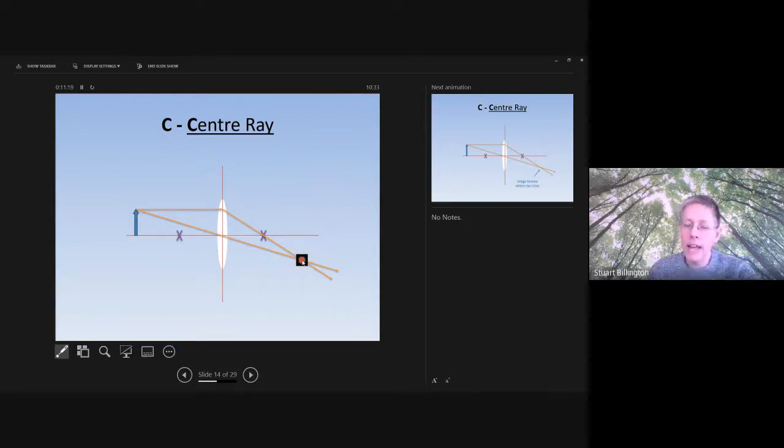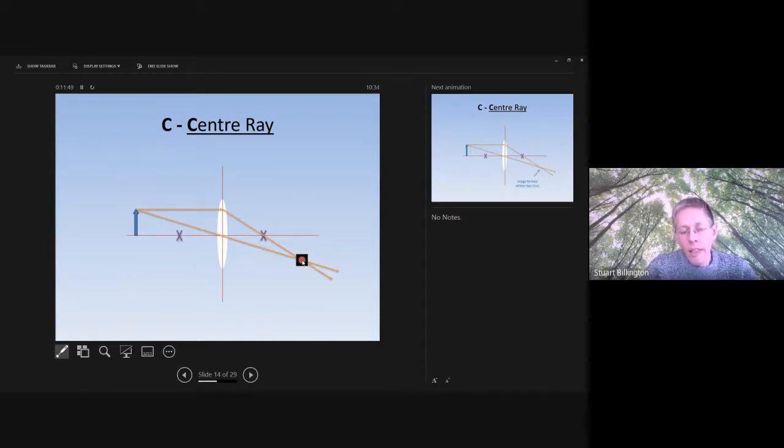And now that we've found where two of the rays of light cross, my instruction to you is that all rays of light end up at that point. This is the place where all light that bounces off the tip of the arrow and passes through the lens bends all of the rays of light, all the infinite number that we're not even thinking about. They all end up at this point.